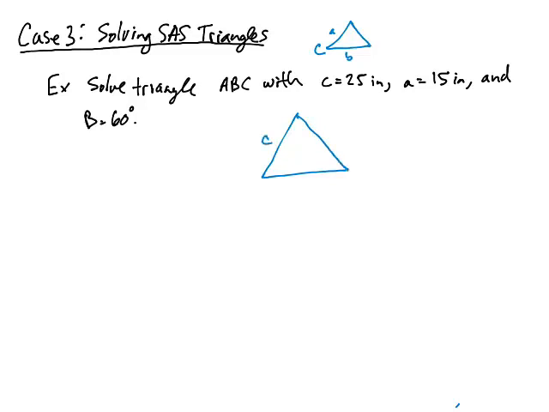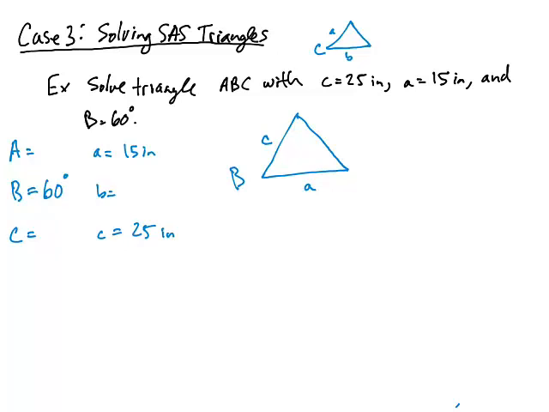So c is here, a is here, and then angle B is over here. I'm going to set this up just like we did when solving triangles using the law of sines, making a little table and filling in the values I know. So side c is 25 inches, side a is 15 inches, and angle B is 60 degrees.